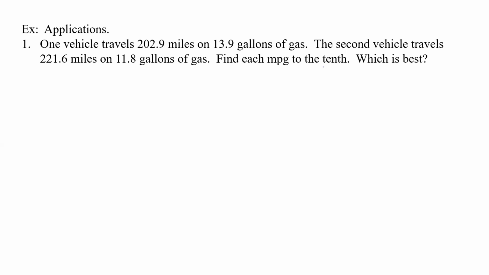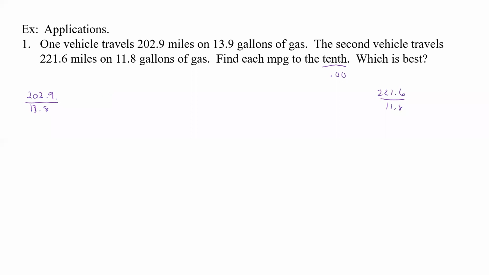All right, so to the 10th, that means we're going to have to take it out to 2 decimal places so we can round up to the 10th. Well, our first one, we have 202.9 over 13.9, okay? And our second one, we have 221.6 over 11.8.